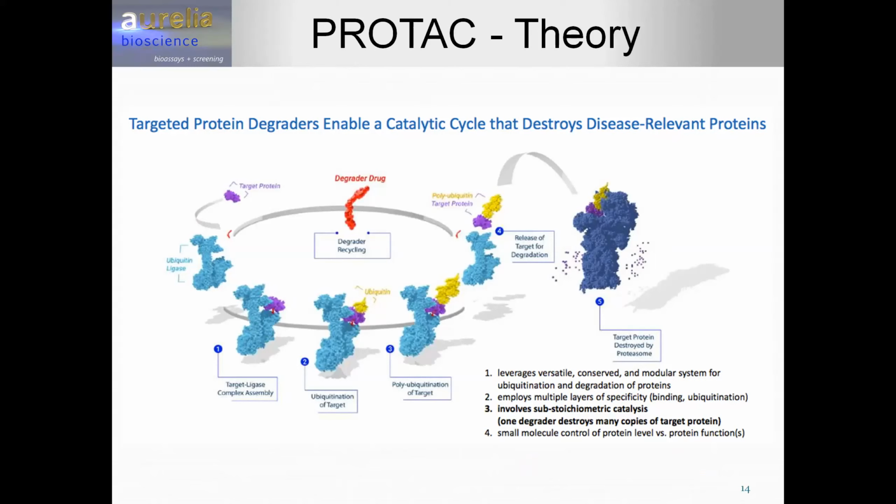There are 3 or 4 of these that are being used at the moment. Because your protein of interest has been brought into close proximity with the ubiquitin ligase, your protein gets ubiquitinated, and that ubiquitination means that your protein then goes away for destruction at the proteasome shown on the right-hand side.